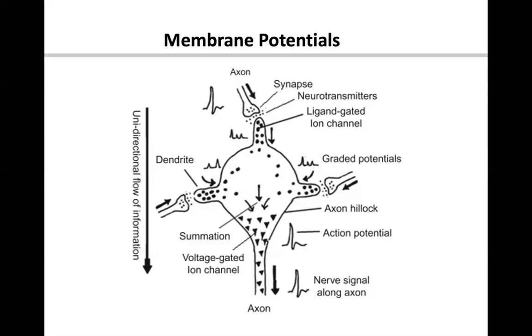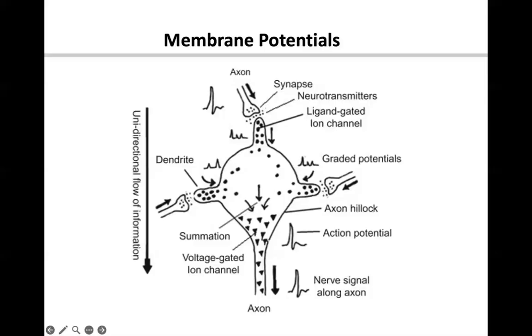Okay, so the local potential, which is the change in the membrane potential, is graded, meaning that it varies in its magnitude or voltage according to the strength of the stimulus. So if the strength of the stimulus is not a lot, then what will happen? It will go to a certain region and will die out.